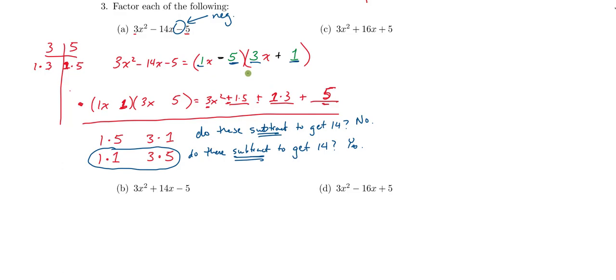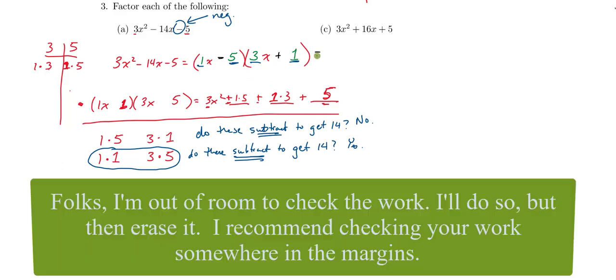Okay? So let's check our work now, folks. If we were to FOIL this out, we would get 3x squared. We knew we would get the correct first term as soon as we picked my factor pairs this way. Likewise, when we do our lasts, we'll get -5. We knew we would get -5 once we picked any of these pairs. That would work. The key here is, do we get the correct middle terms? Well, let's check.